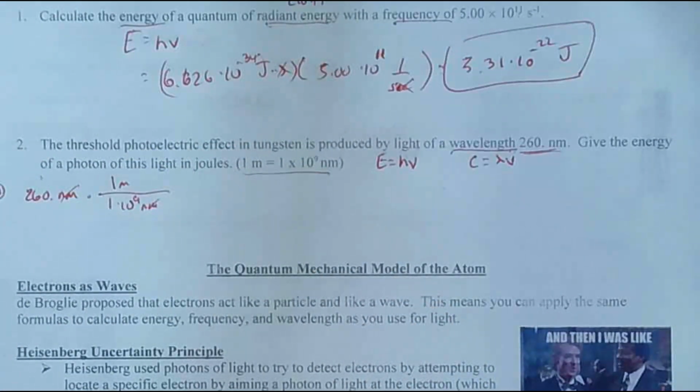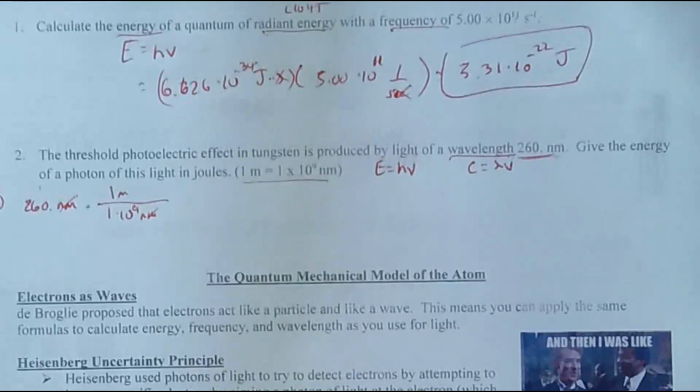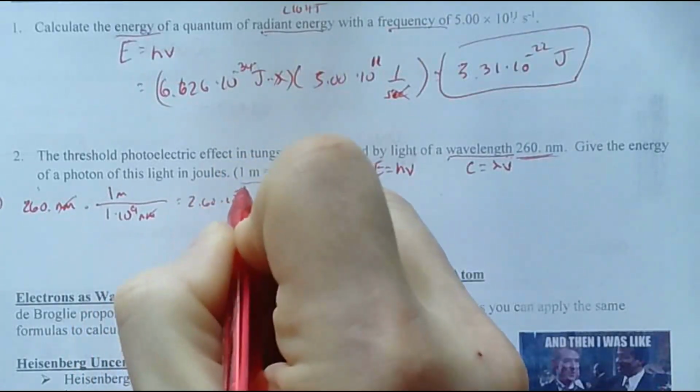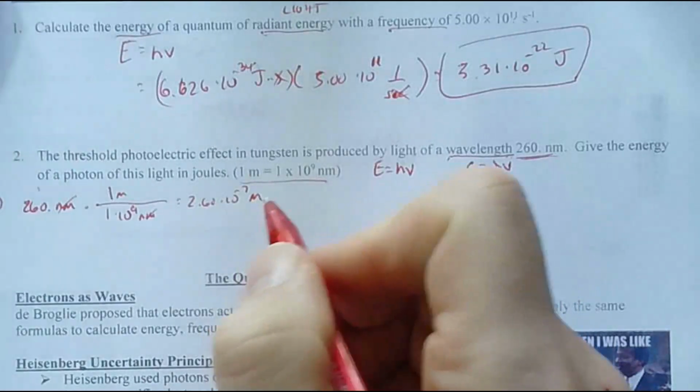We can't forget the dimensional analysis. We put that in our calculator correctly, and we get 2.60 times 10 to the minus 7th meters.